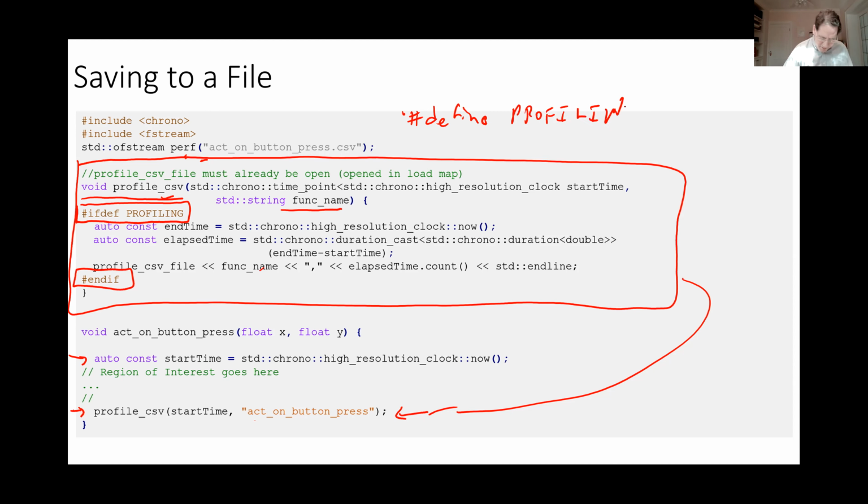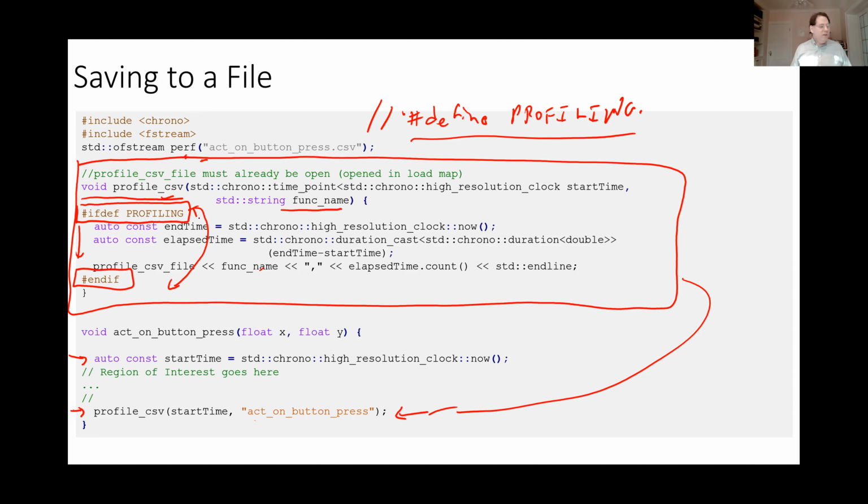I have to basically say that what's called a preprocessor definition is defined. And now this code will be compiled in. If I don't do that, say I comment that line out of my code, or I just don't put it in at the top of the C++ file or some header file, then this code basically gets removed. The compiler will not process this code. It will not go in your program.